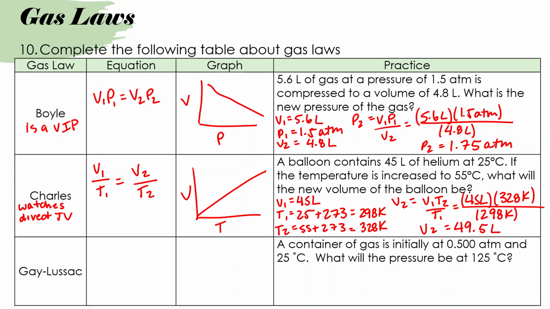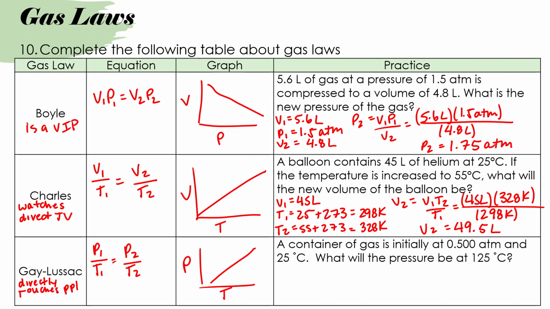Lastly, we have Gay-Lussac. He directly touches people. So Gay-Lussac, kind of an odd dude, directly touches people. But this tells us that the relationship between pressure and temperature is a direct relationship. So that leaves me P1 over T1 equals P2 over T2.